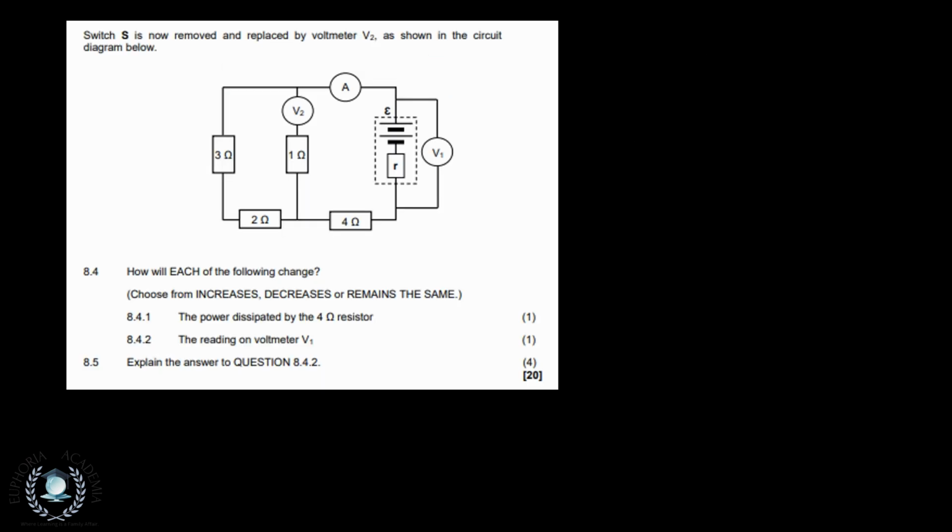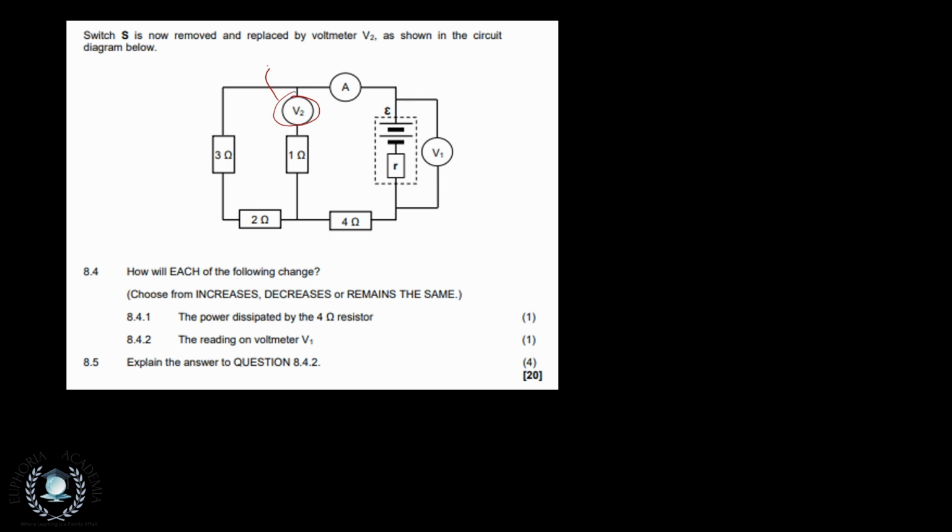All right, now the second part of question 8. It says that switch S is now removed and replaced by the voltmeter V2 as shown in the circuit diagram. All right, so we previously had a switch here, but now we have a voltmeter.